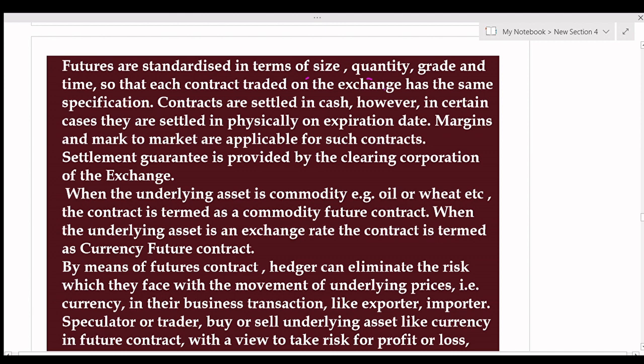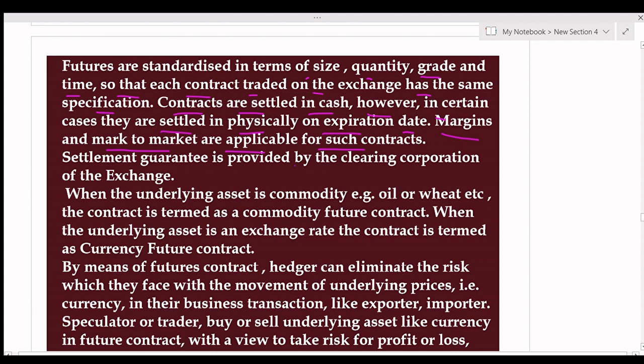Futures are standardized in terms of size, quantity, grade and time, so that each contract traded on the exchange has the same specification. Contracts are settled in cash. However, in certain cases, they are settled physically on the expiration date. Margins and mark-to-market are applicable for such contracts.